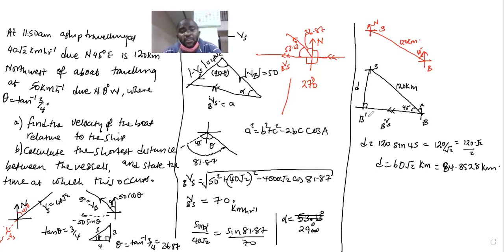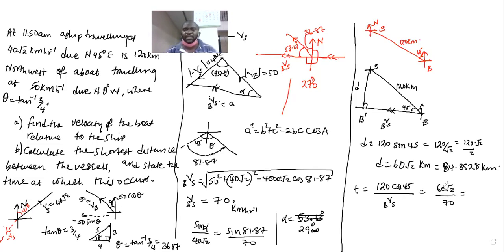Then for the aspect of getting time, we need to get the distance along the relative velocity, because time is got from any known distance divided by the corresponding speed or velocity. Since we make the moving body move with the relative velocity, time can be got from the resolution of 120 cosine of 45 divided by the relative velocity, which is going to be 60 root 2 divided by the relative velocity, which was 70.